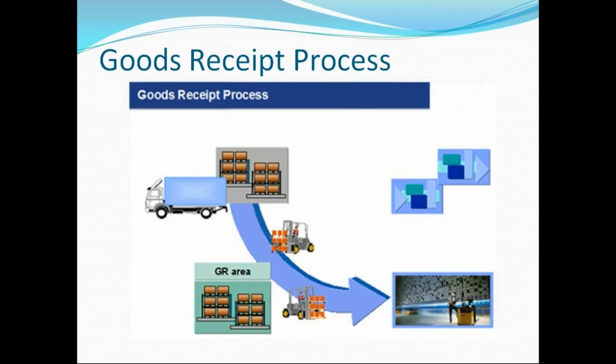In that, you will specify the material, how much quantity you need, the delivery date of the material, your plant and storage location, and the vendor plant. Then you specify all the necessary details and create the purchase order.